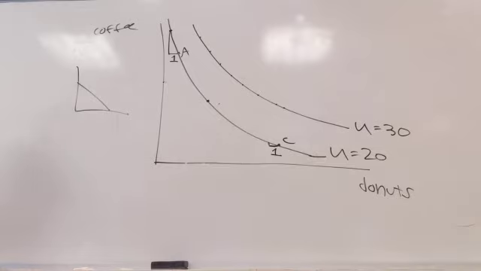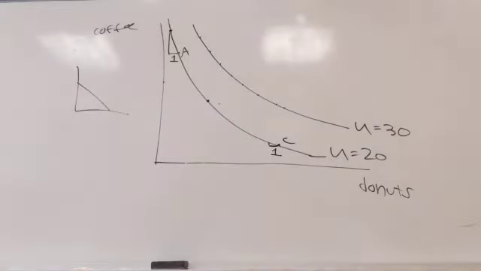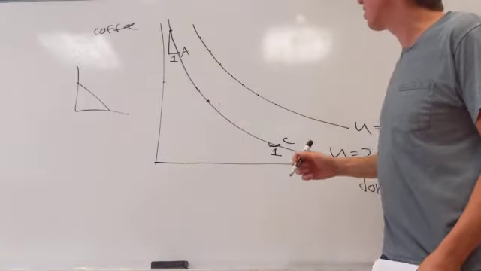Okay. Now let's digress for a moment and talk about the slope. The slope, as usual, is the rise over the run. So we want to know the slope of this thing at any given point.